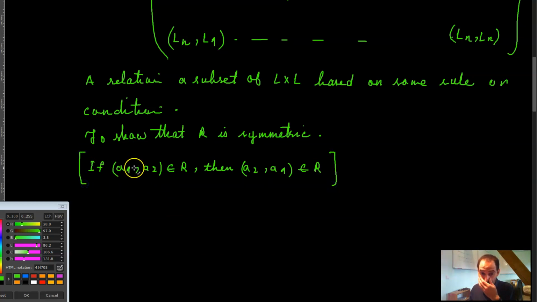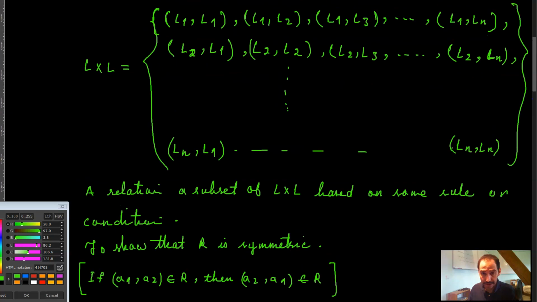Meaning that if you find, for example, some element like (2, 3) belonging to that relation, then (3, 2) also belongs to that relation, and then you can call that relation symmetric, right?